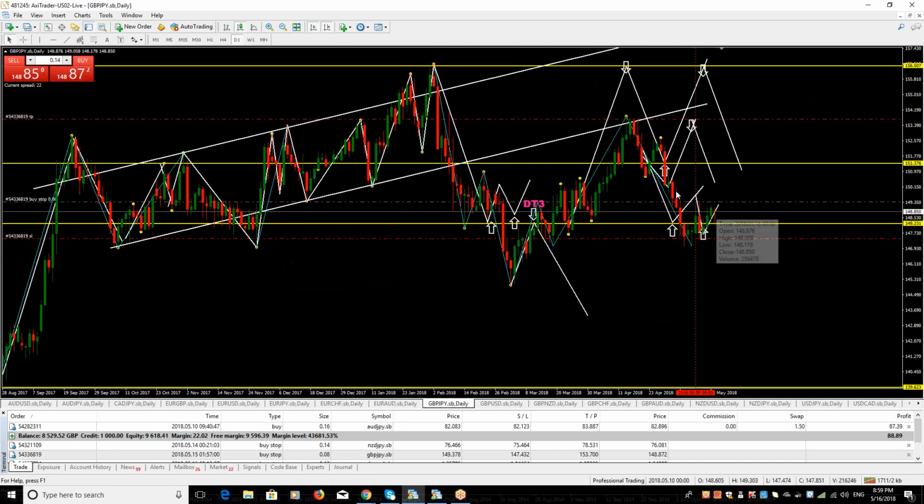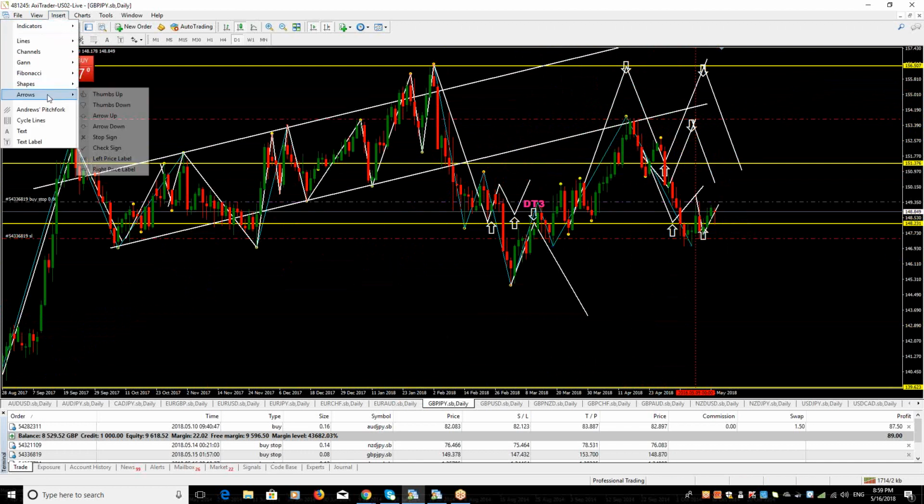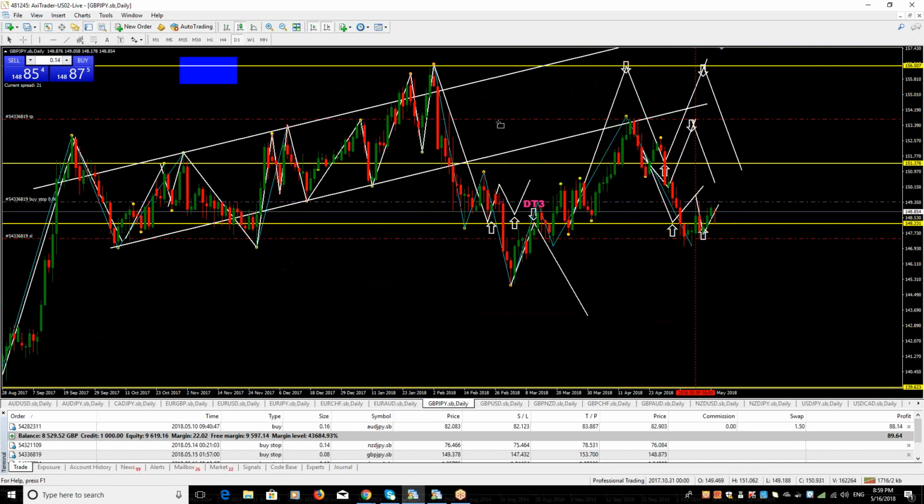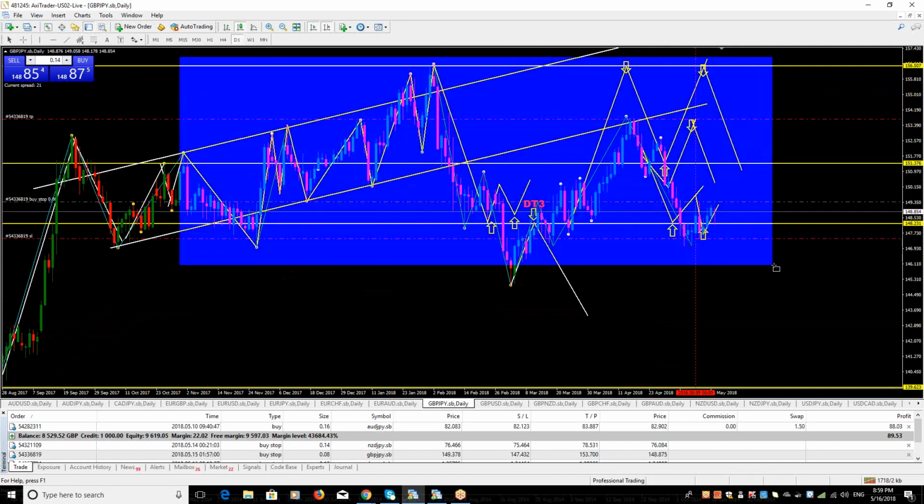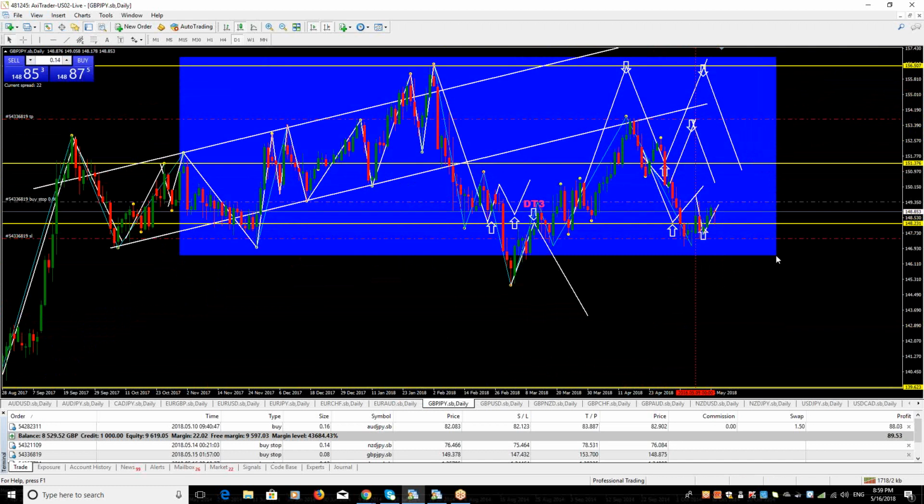Okay, so this one now, if you notice here, if I show you, you can see that the market has just been in this zone, right? It goes up to there, comes back down to here, then goes back up to this zone, then comes back down to here.